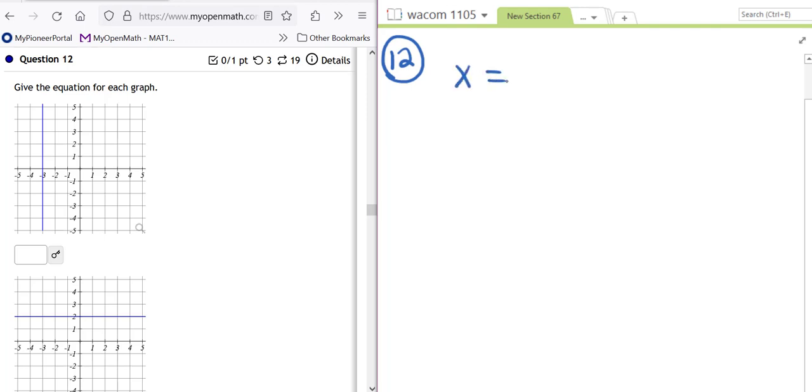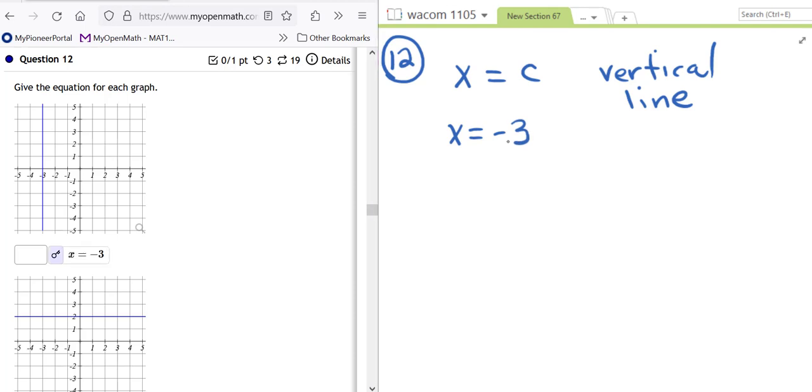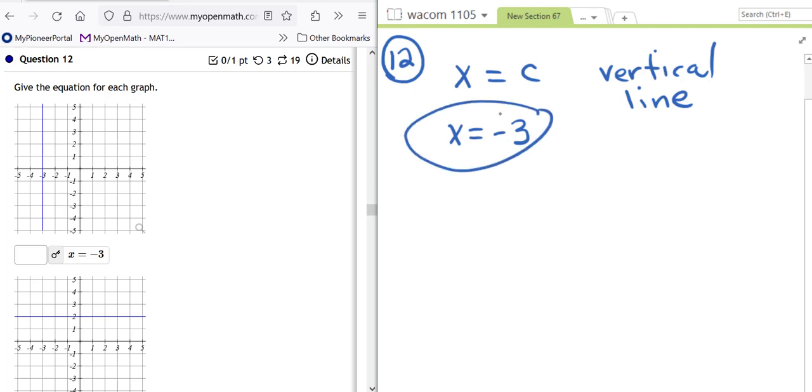So x equals a constant is a vertical line. And so you just find out, well, what is that number? It's negative 3. X equals negative 3 and any y. So x equals negative 3 is this one. And you have to have the x there. If they're asking for the equation, it is the whole thing.